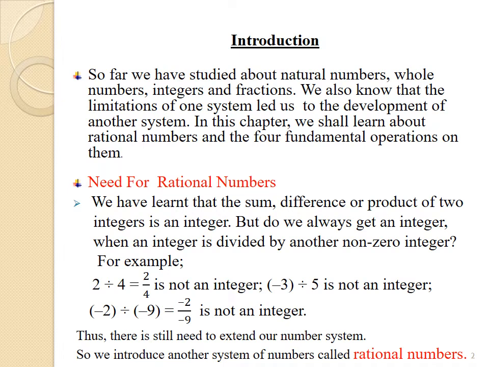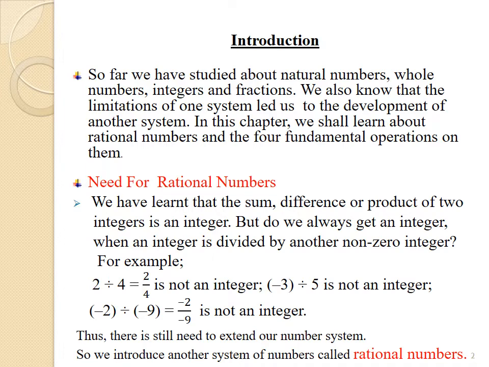For example, 2 divided by 4 equals 2 upon 4 is not an integer. -3 divided by 5 equals -3 upon 5 is not an integer. -2 divided by -9 equals -2 upon -9 is not an integer.